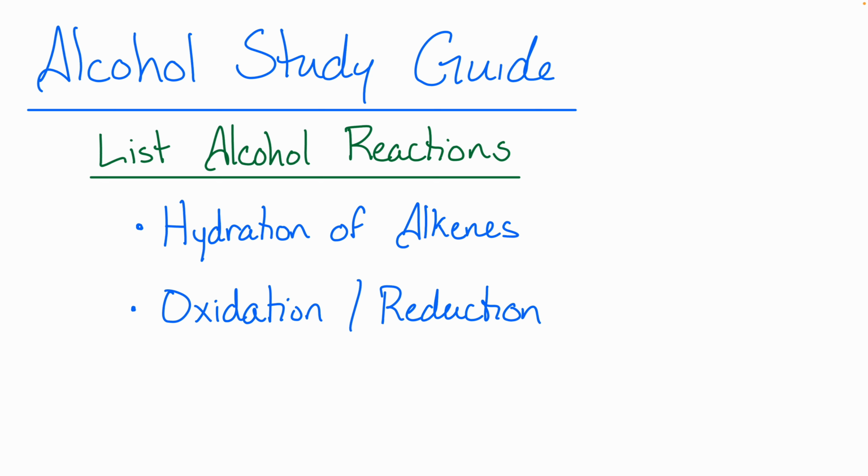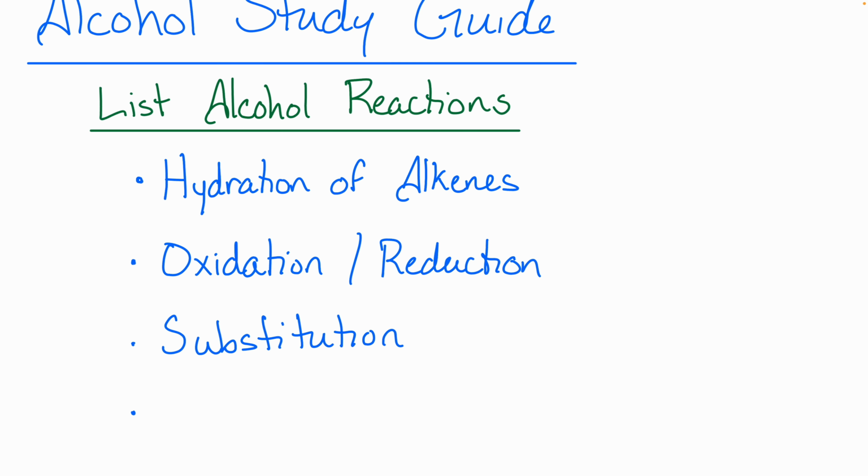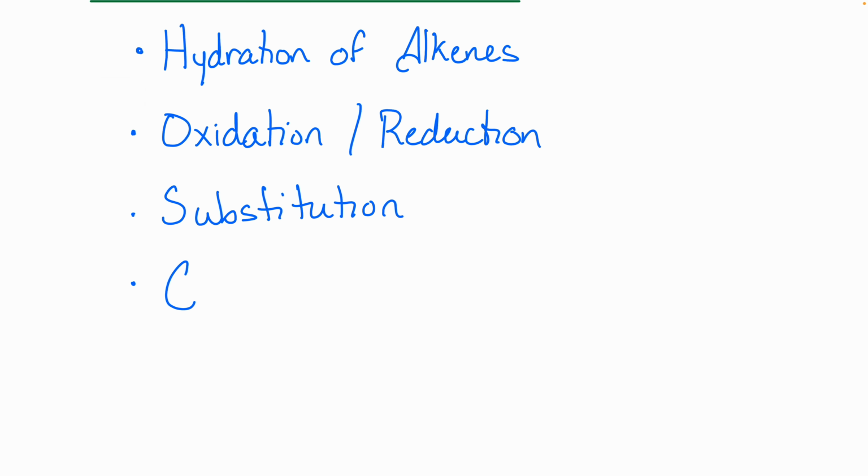All right, what else? We got substitution of our alcohols. Okay, we had one more way to create alcohols as well. Grignard would be preparing our alcohols. And then we had our dehydration reactions as well.